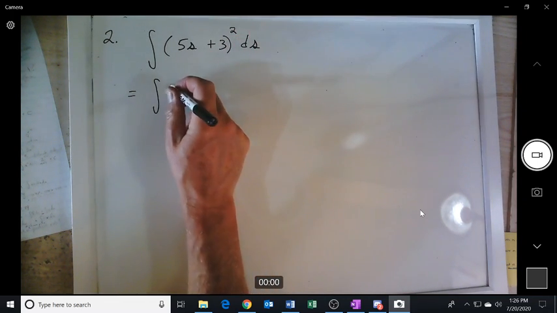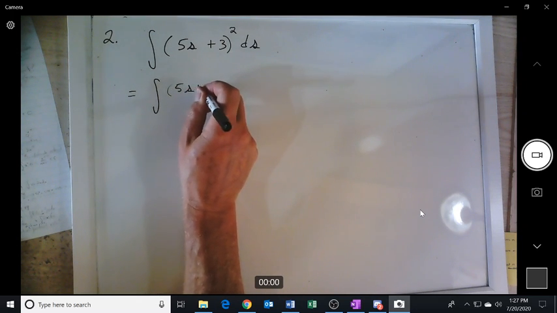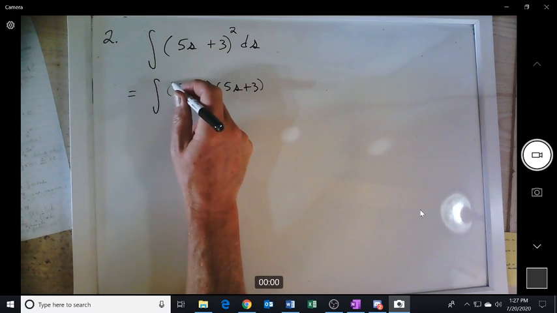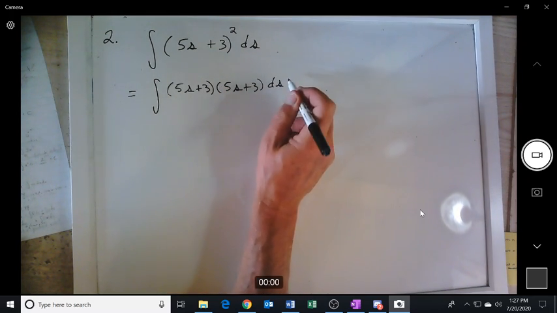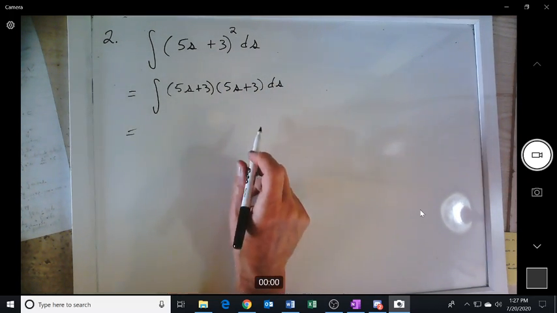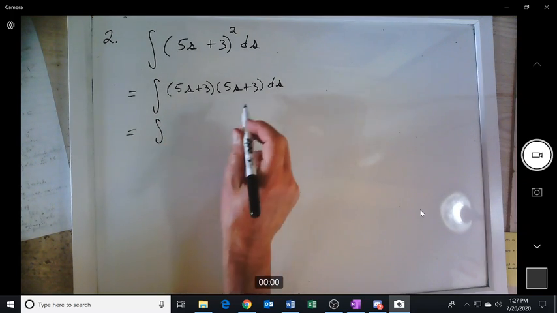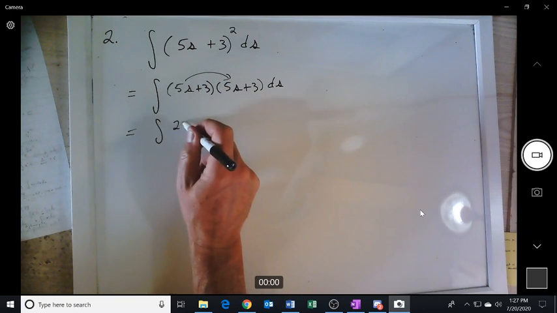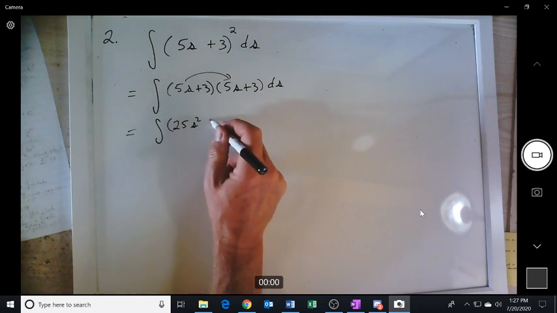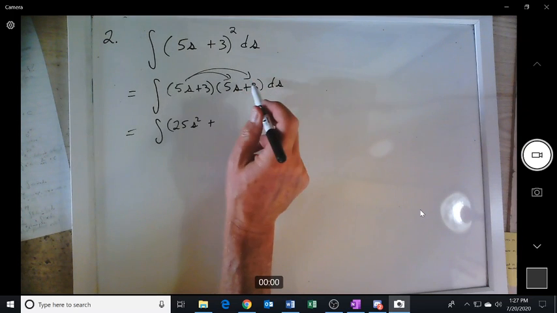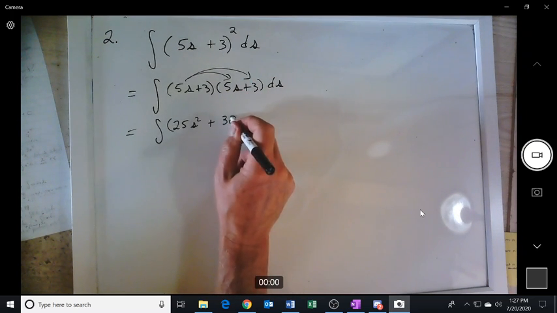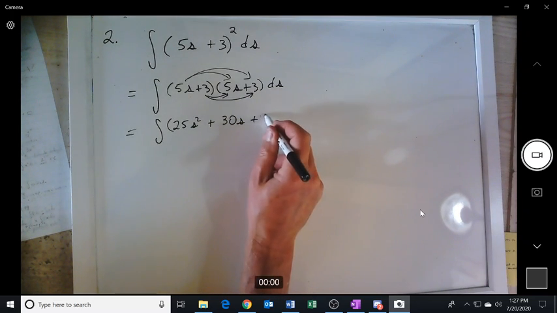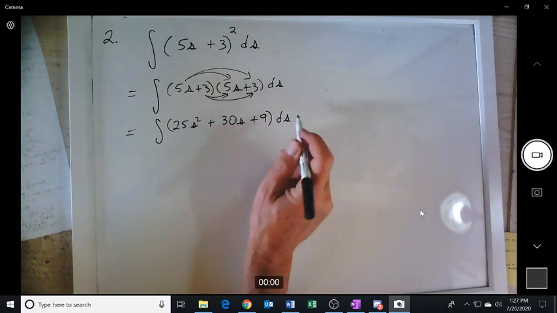The only way this one's going to work is like this. And then we're going to get 25s squared. The two middle terms are going to be 15s, 15s. That's going to make 30s. And then plus 9 ds.